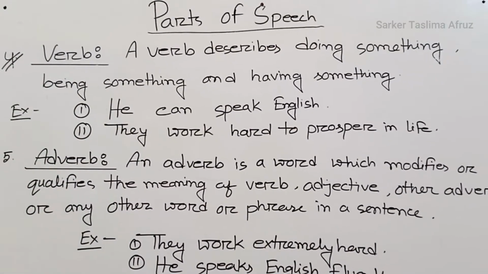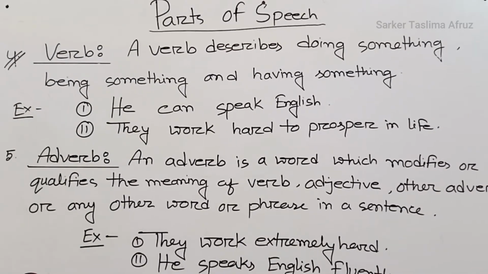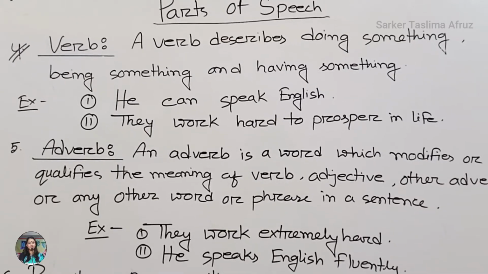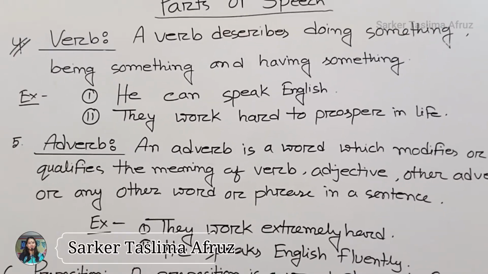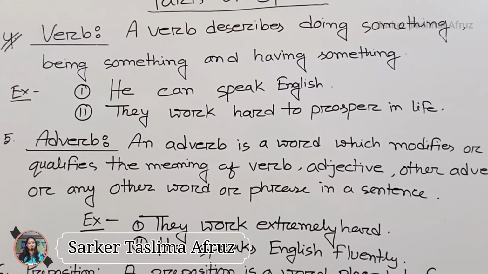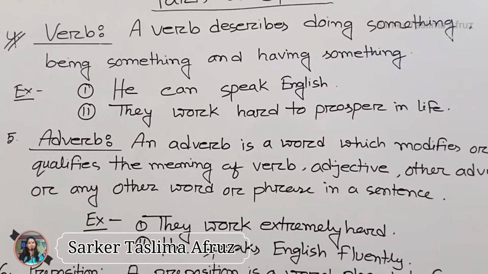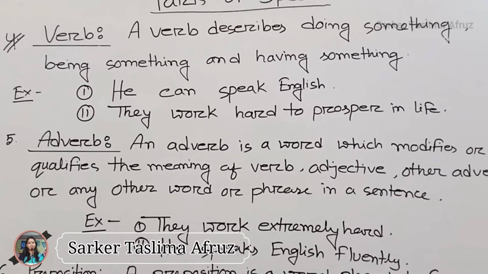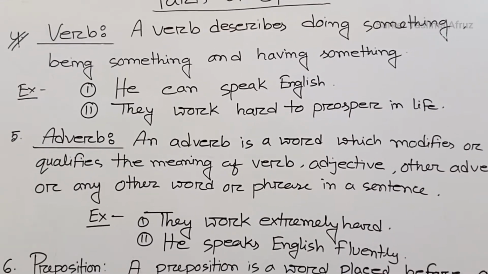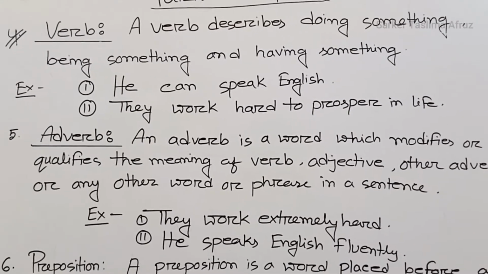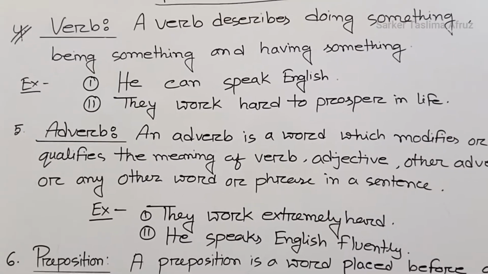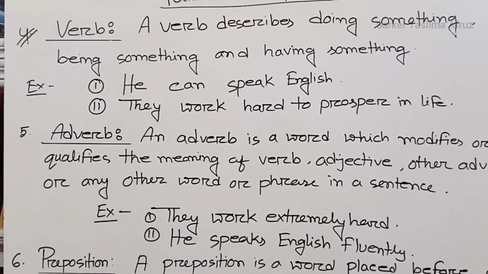Now turn to verb. Here is a definition. Before I mention the definition, it's important to know about verb. Well, dear students, verbs are key parts of speech because without them a sentence cannot exist. Verbs give a clear idea about the subject. That means our subject was noun or pronoun. Basically, a subject needs a verb, and without verb a subject cannot be fulfilled.